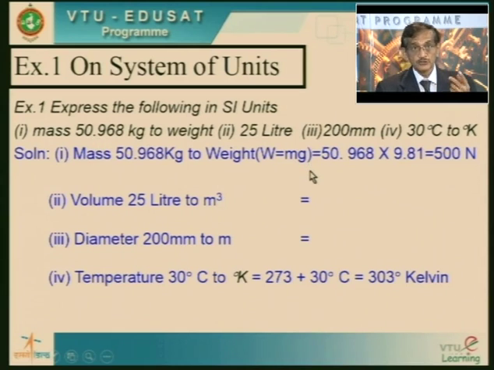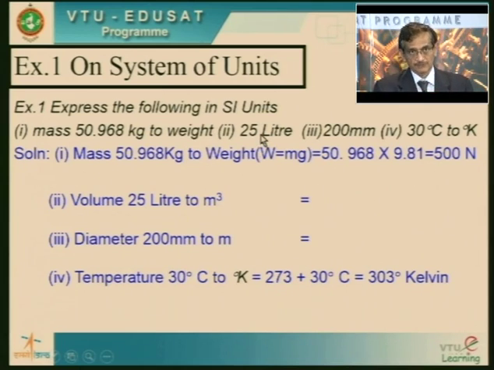Acceleration due to gravity changes from place to place with small variation, but the standard value we will take is 9.81. In some numericals they take even 10, so do not get confused. You take mass 50.968 kg into 9.81 meter per second square, that will give you the weight of that particular fluid or liquid as 500 newtons. Is it okay? I hope you have already calculated it on your calculator.